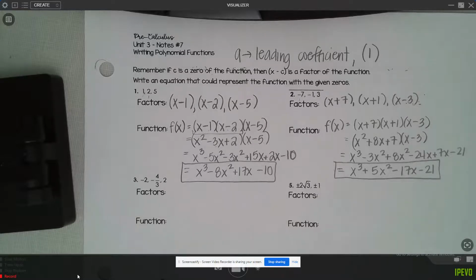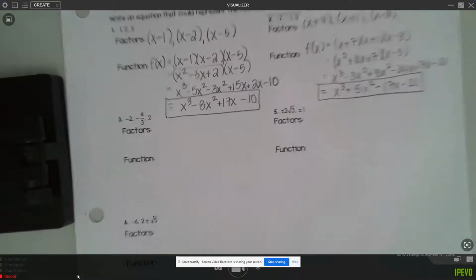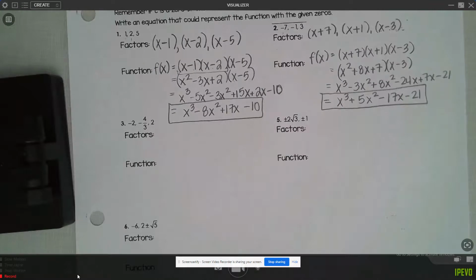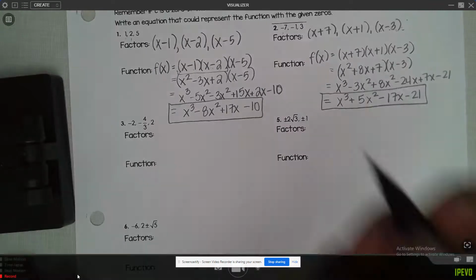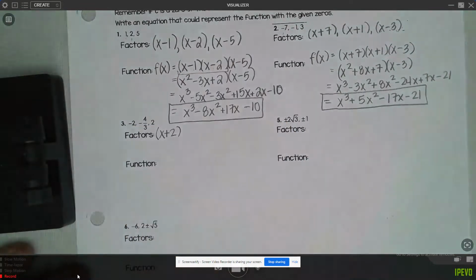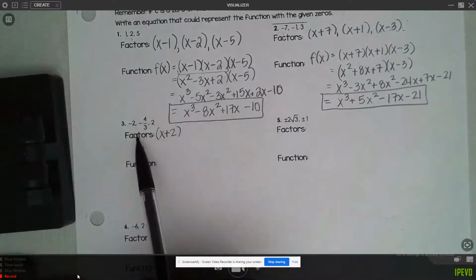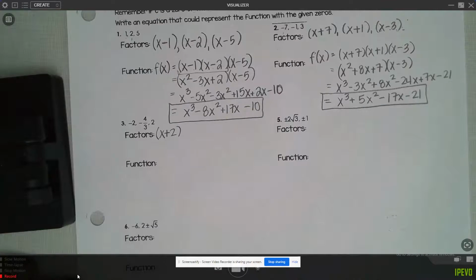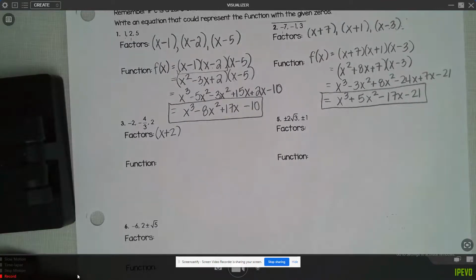Easy? Okay. Now, number 3. What has changed a little bit? You have a fraction. Now, the first one, when my zero is negative 2, we know that's x plus 2, right? Now, my factor for negative 4/3 would be x plus 4/3, correct? But you never see a fraction there.